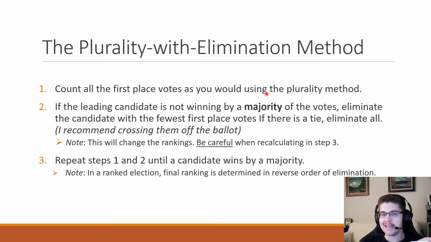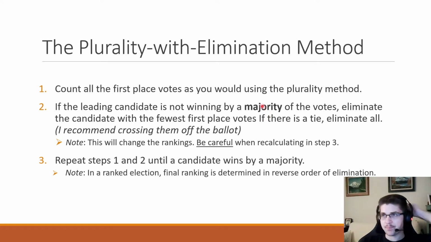Any number past 50% would be considered a majority. Say we had 100 voters in our election, 50 would not be a majority, but 51 would be. So with majority, it's always exceeding the cutoff, and what we call a simple majority is always more than half. There are other types of majority too, which is in the next slide.